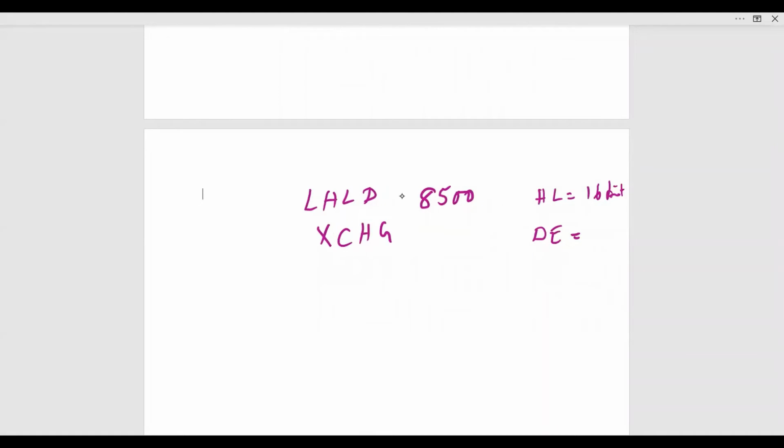Now, again load the HL pair with the second 16-bit number and give the starting address, that is 8502. Now, the HL pair consists of the second 16-bit number, right?